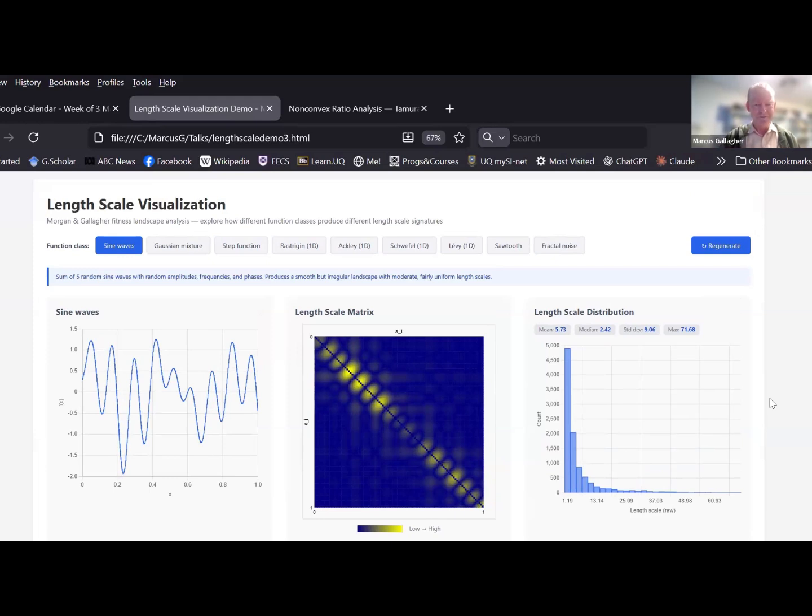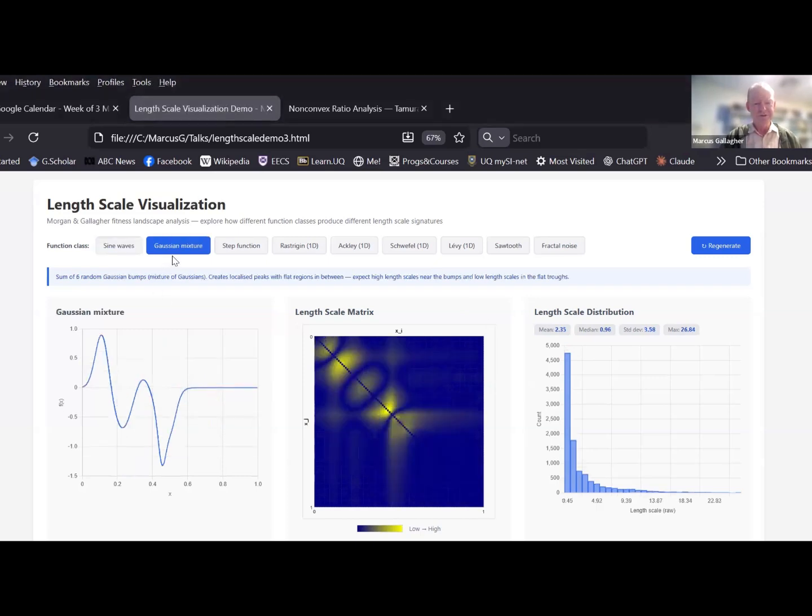So this is what you kind of see. You have a function on the left hand side, and then the length scale thing that I just showed you, like this matrix in the middle, showing all the values. And then it's also added the distribution of the length scale values on the right hand side. And I can change the function that we're looking at, and of course the demo, I checked the code, it does seem to look correct.